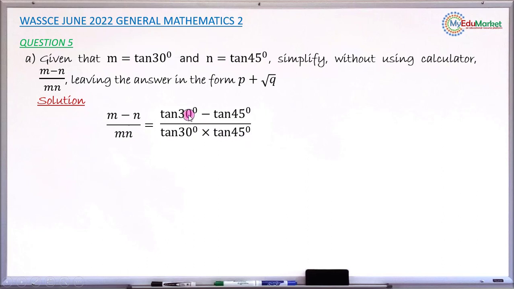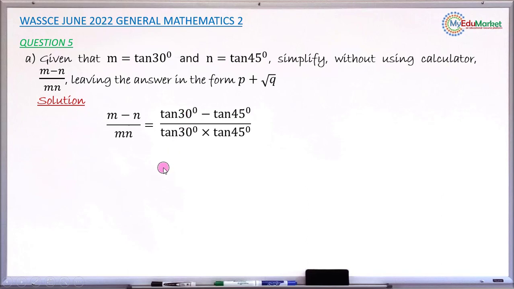Next, 30 and 45 degrees are special angles, and you know the values of their trig ratios. Tan 30 is 1 over root 3 and tan 45 is 1. So you replace them appropriately.